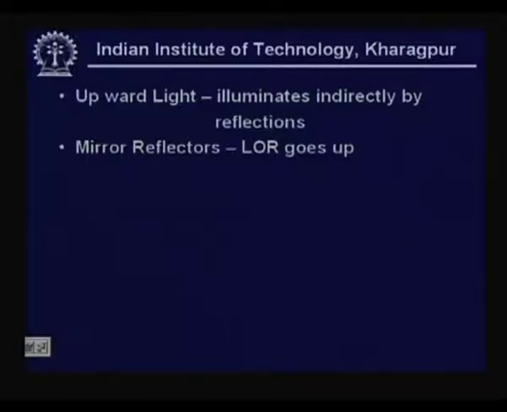We defined glare: glare is the effect of intense light in the line of vision, and this has to be avoided because this affects the ability of the human eye to adjust. The human eye has a very good adjusting ability.